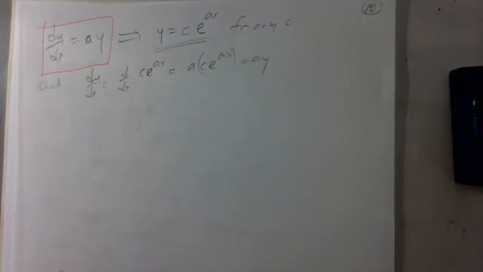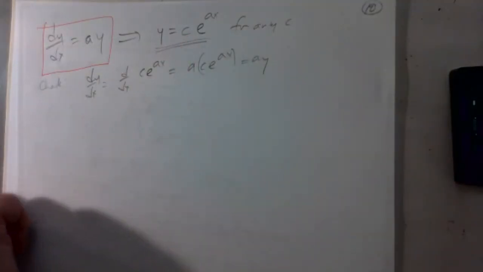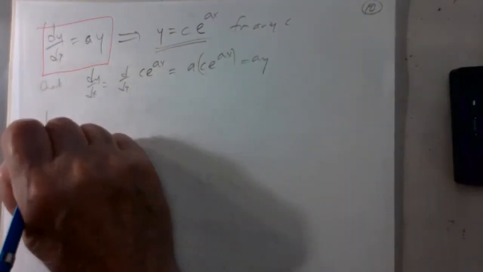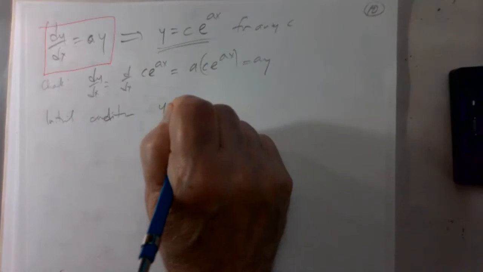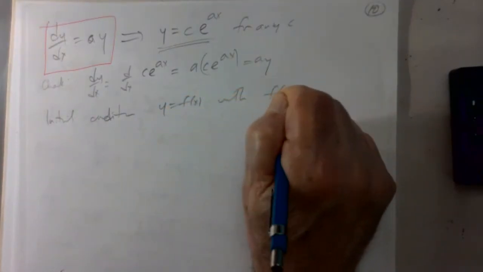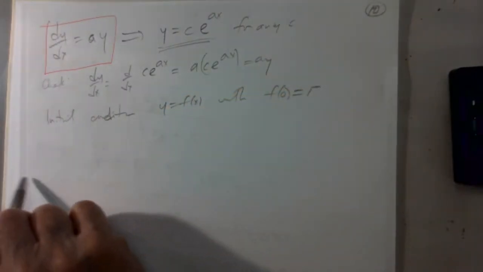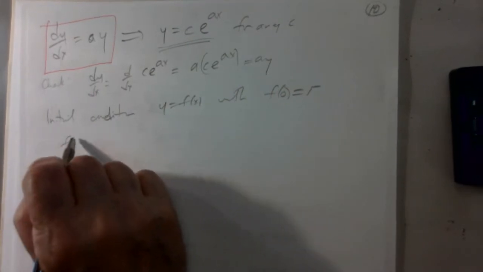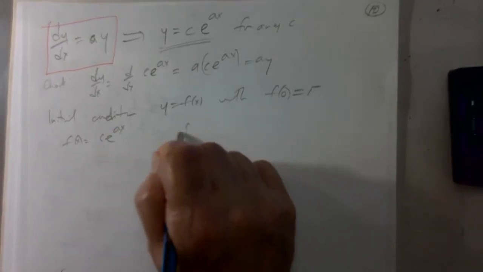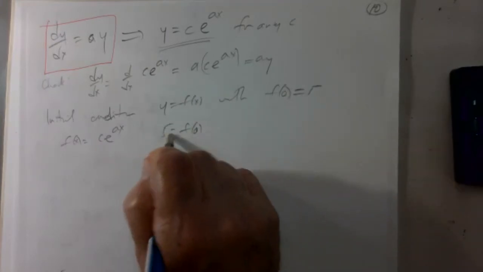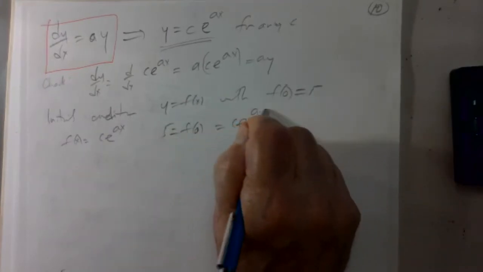So for this very simple but extremely important differential equation, the general solution is this. And if you want a solution that satisfies a certain initial condition, like you want a solution y is some function f of x with, let's say, f of 0 equal to 5, then if we take a solution f of x equals c e to the ax, and you plug in x equals 0, f of 0 is supposed to be 5, but this is then c e to the a times 0.